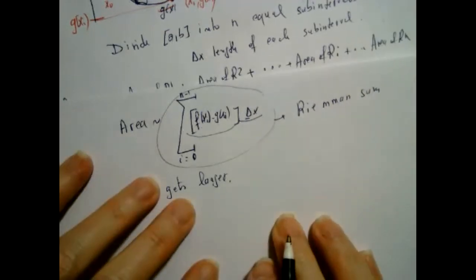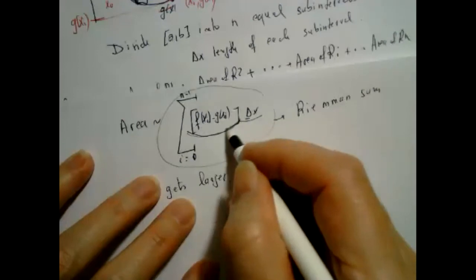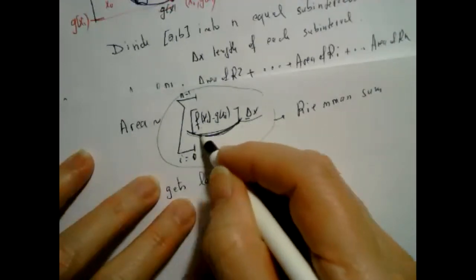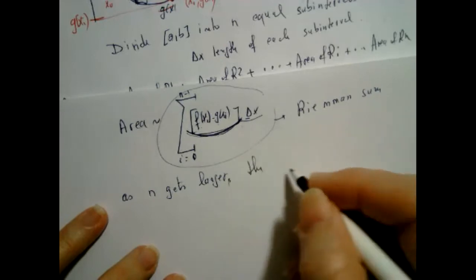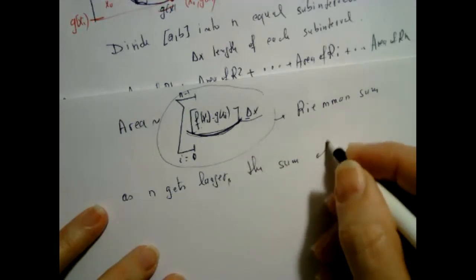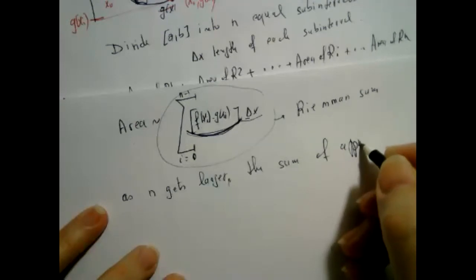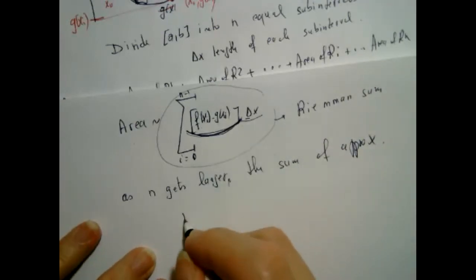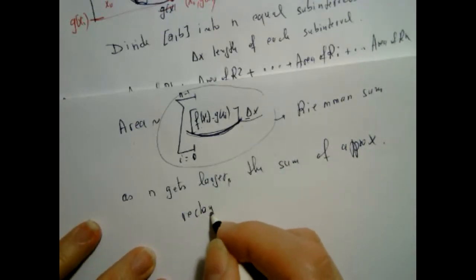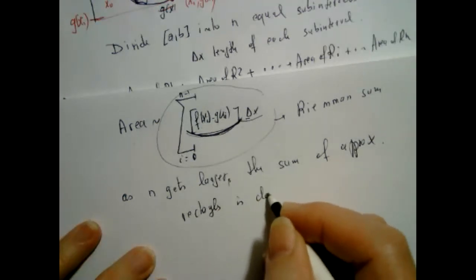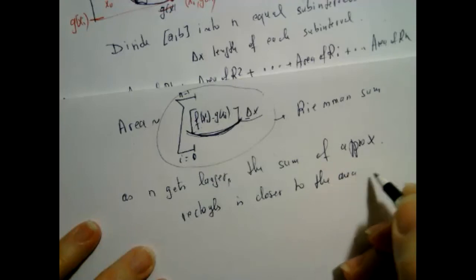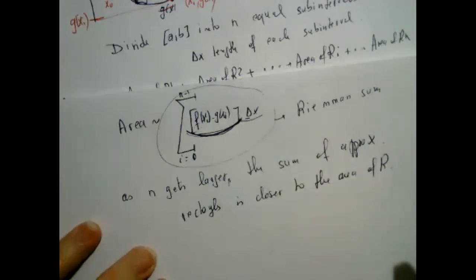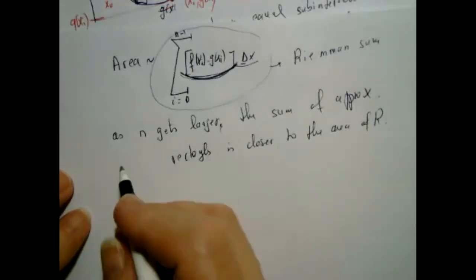This looks very much like the Riemann sum. Well, this is my function, f of xi minus g of xi, times delta x. So as n gets larger, the sum of the approximating rectangles is closer to the actual area. Okay, as we get more and more subdivisions, we're getting close to the actual area.